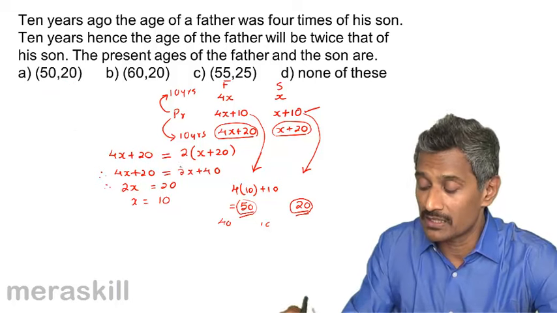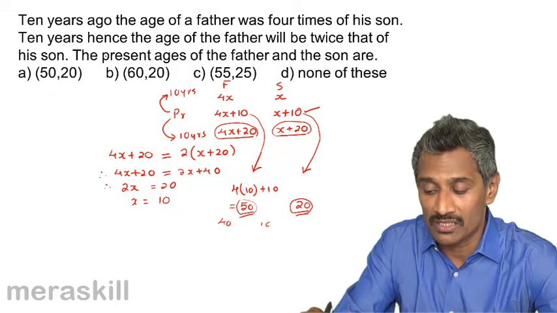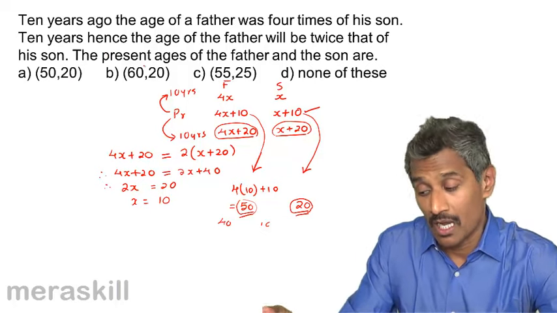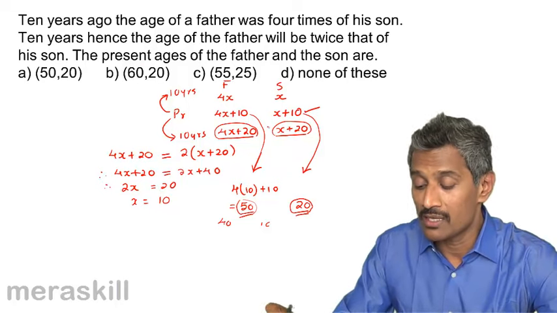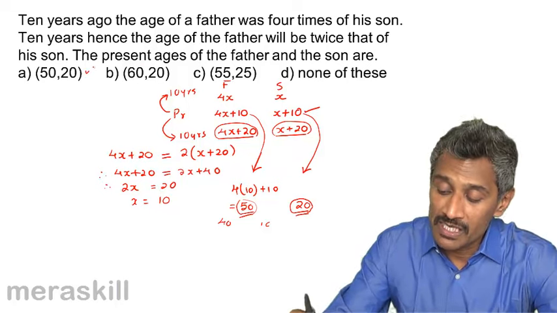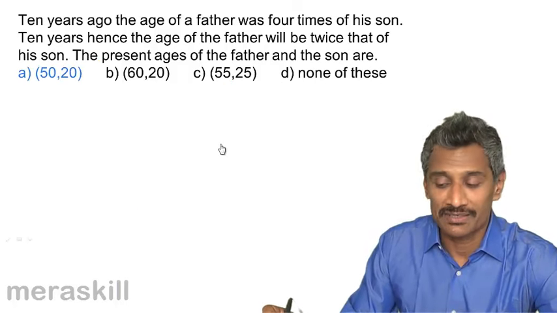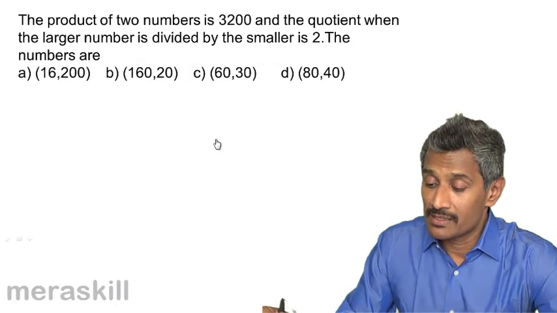So in this particular case, instead of forming the equation, you can even substitute these values in the condition and check, since it's an MCQ format. However, if you have to solve it, we have to solve it in this format. So our answer is going to be 50 and 20, and let's check this, and yes, we do have it right. Okay, what do we have next?